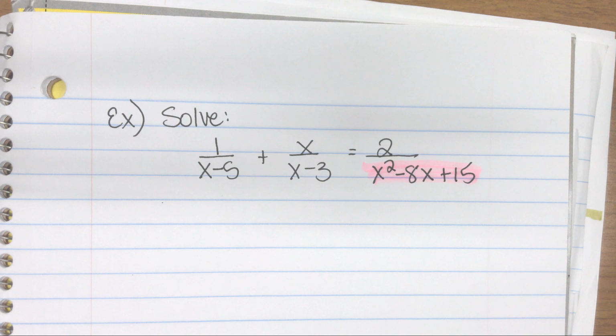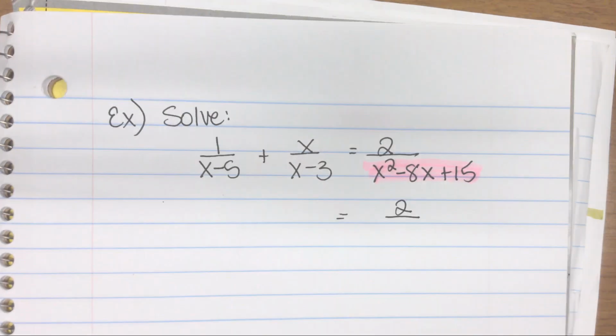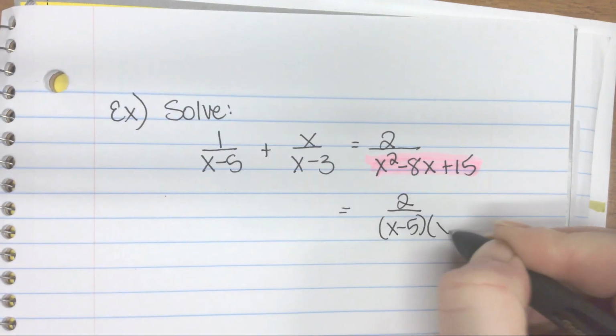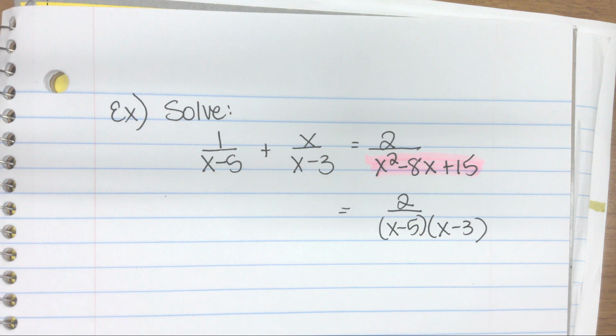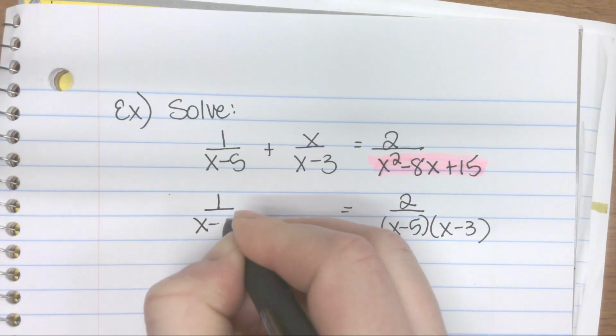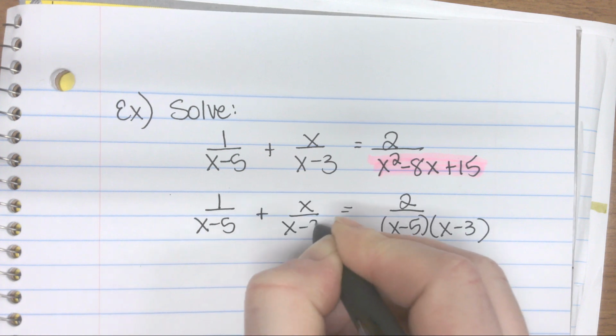So I factor the expression on the right into x minus 5 times x minus 3. On the left, I still have my 1 over x minus 5 plus x over x minus 3.